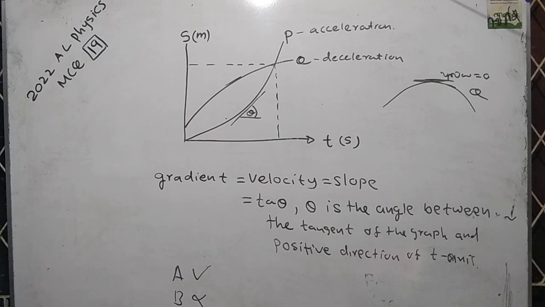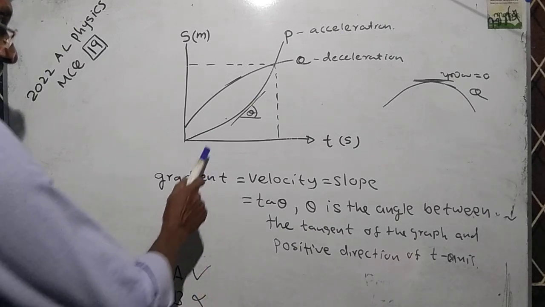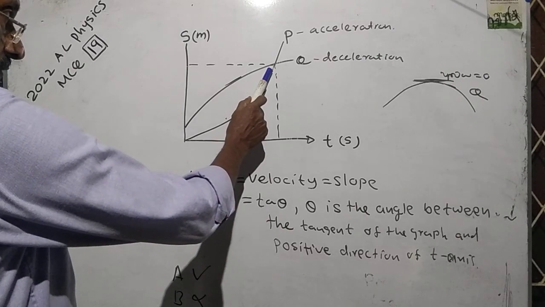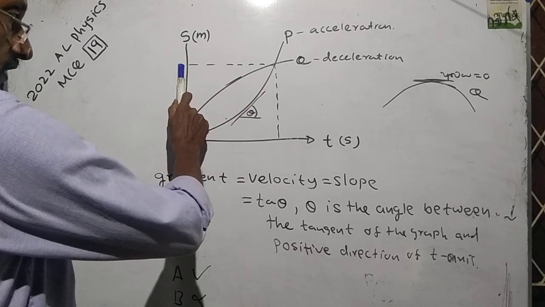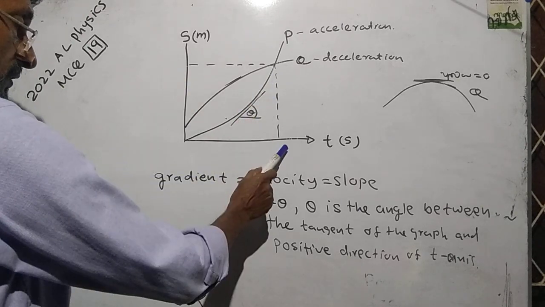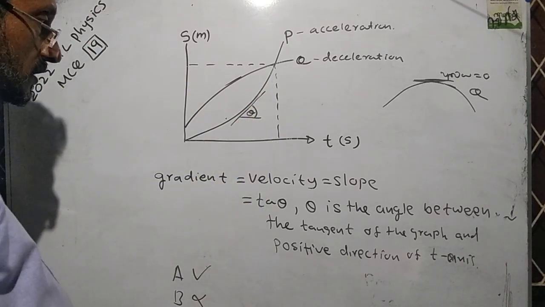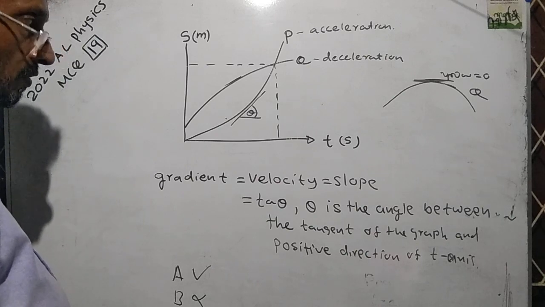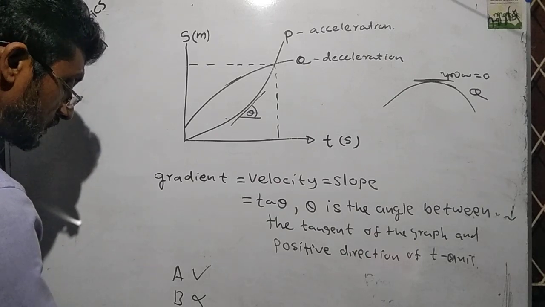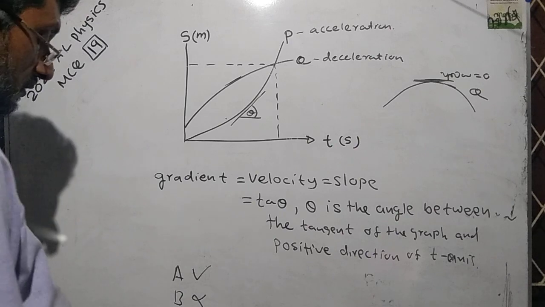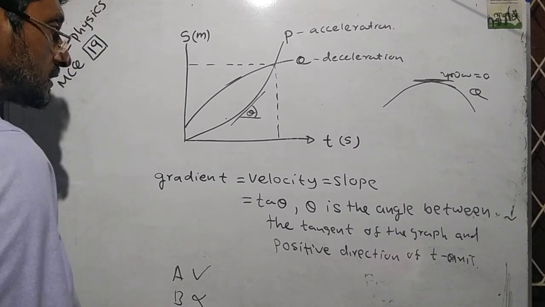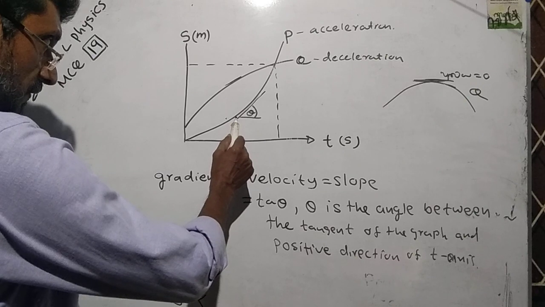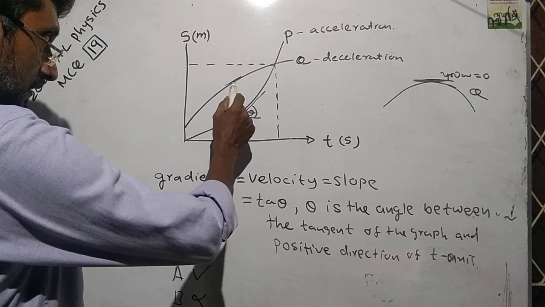C, both objects have the same velocity at the crossing point of the two graphs. I explained that the crossing point of these two graphs represents the same displacement only and the same time, not velocities. We can also consider a point where the velocities are the same, a point like this.